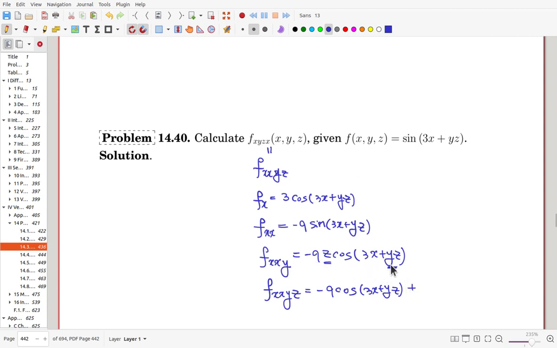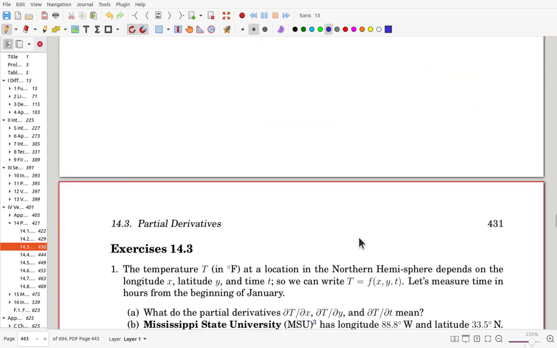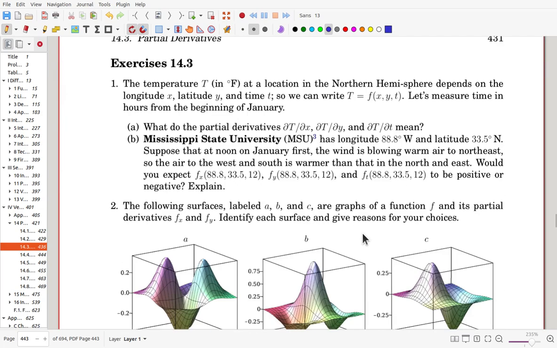And for this block, the z derivative will make y come out. So here we have 9yz and sine of the block, 3x plus yz. Right? Okay, that's the final answer. That's the end of the section.